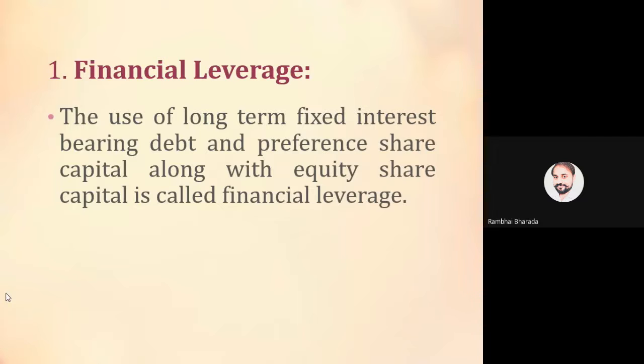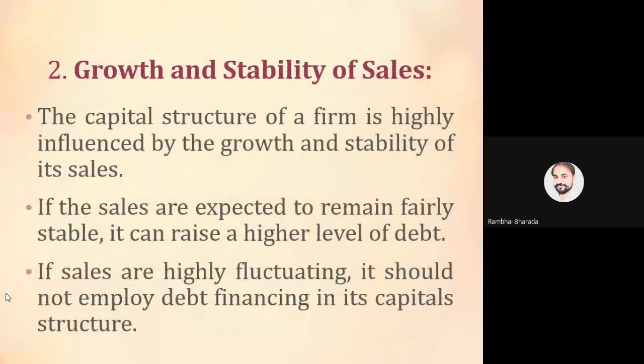Now going to number 2. Two is growth and stability of sales. Now just read the second point and third point, you will get a clear idea. If the sales are expected to remain fairly stable, it can raise a higher level of debt.